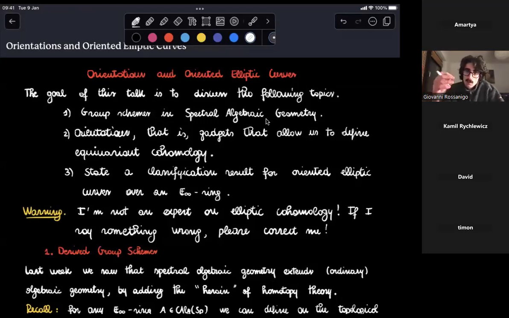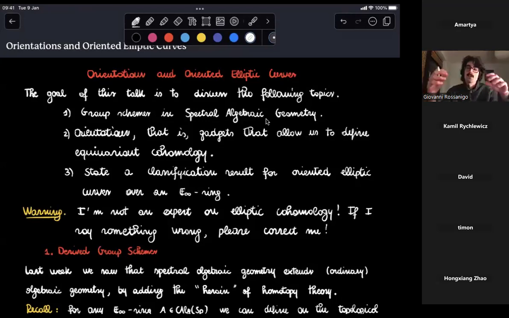And then we will talk about orientations, which we have to think of as gadgets that allow us to define equivariant cohomology whenever we have a theory. And then hopefully state a classification result when we mix the two things together. So if we mix certain group schemes, elliptic curves, and the theory of orientations.